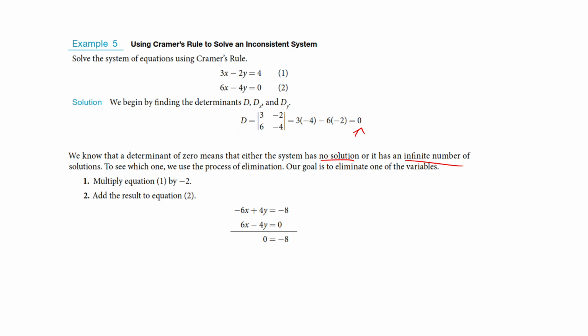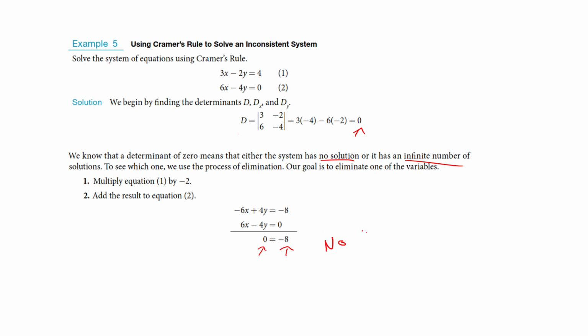There's no typical solution. But the problem is the matrix's determinant can't tell us which of the two choices it is. So if you come across a determinant that equals 0, then we've got to do it old school, which would be just to use the methods we've learned previously. We would do elimination here, and we'd find out we get 0 equals -8, which is not true.